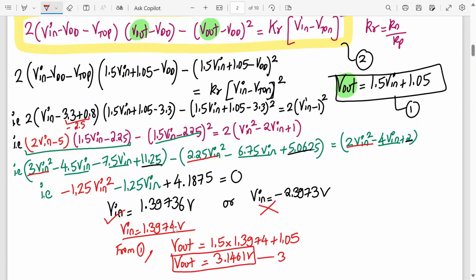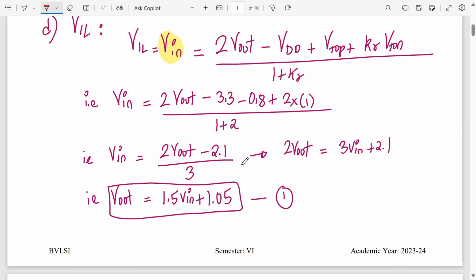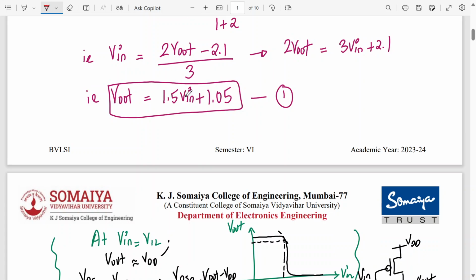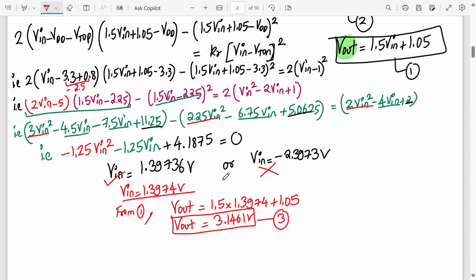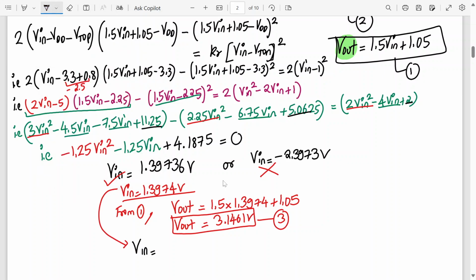Now we got this value called 3. Now calculate VIL. VIL we already got, sorry. This is V in equal to VIL, right? So this we already got. So we can say your V in, which is equal to VIL, is 1.39736. That is the value.